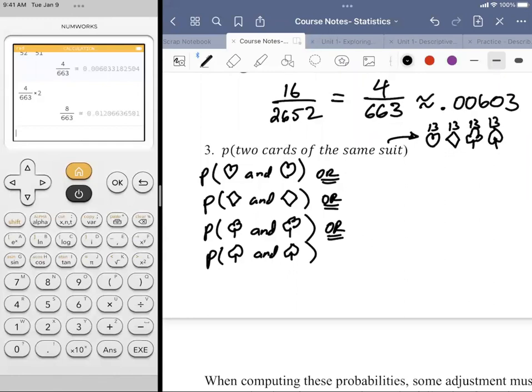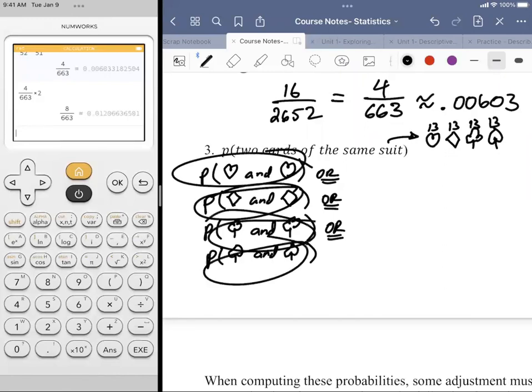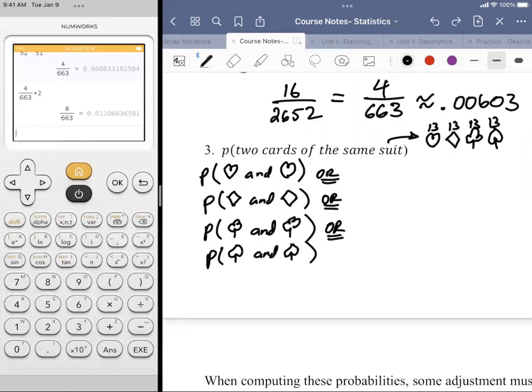So one way to handle this would be to figure out each of these probabilities and then add them all up by the addition rule. Or, as it turns out, each one of these probabilities is going to be the same. So figure it out in one instance, hearts and hearts, and then take that answer and multiply it by 4, because again, these are all going to be the same.